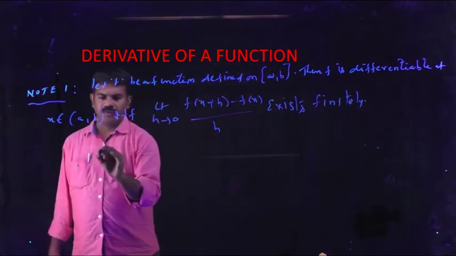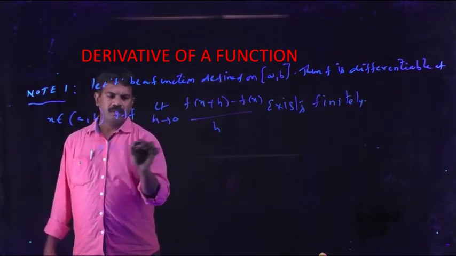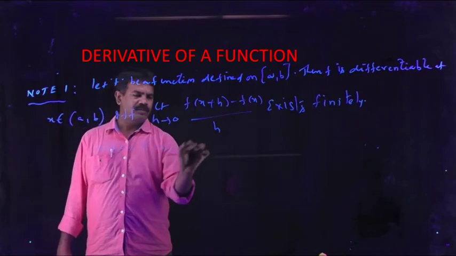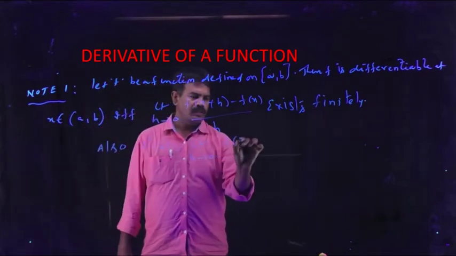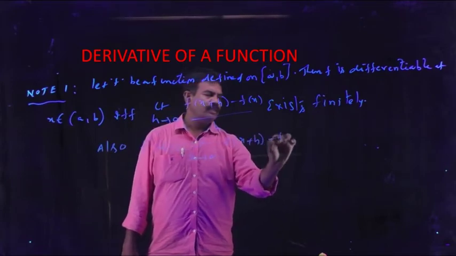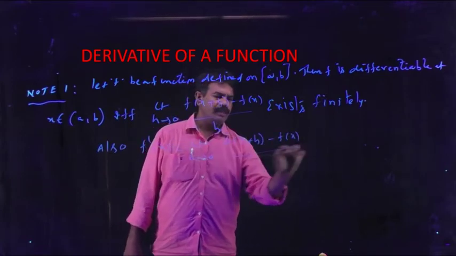Also, f dash x is equal to limit h tends to 0 of (f(x plus h) minus f(x)) by h.